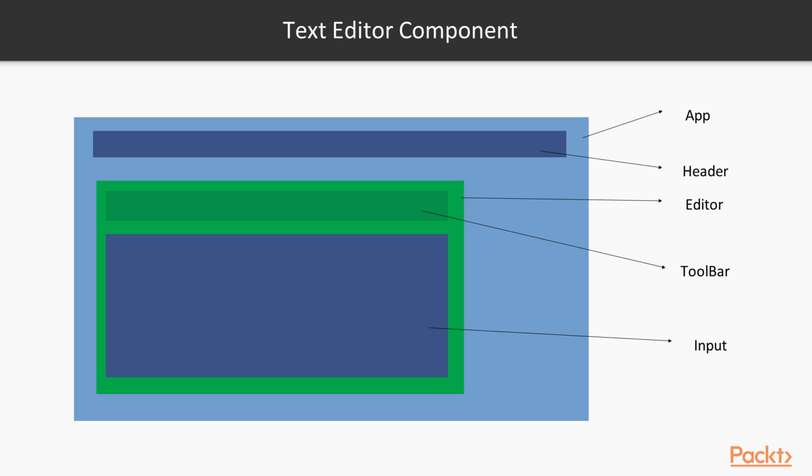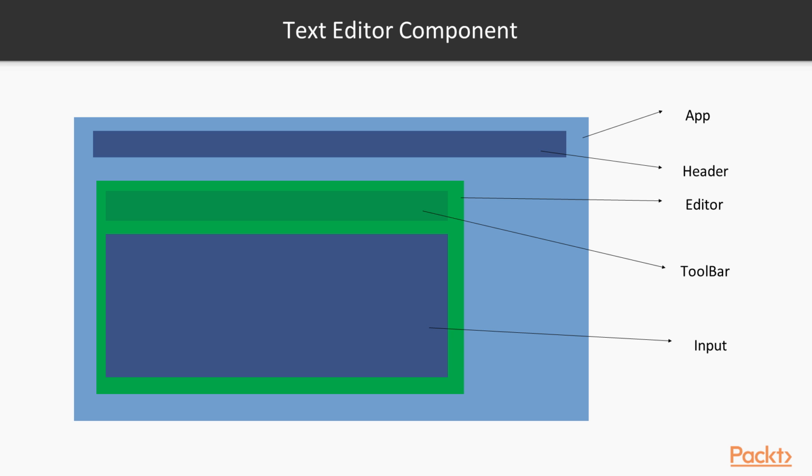This is the architecture of our app. You'll see that we have an app container, we have a header component. We then have our editor container. The container will consist of multiple components.